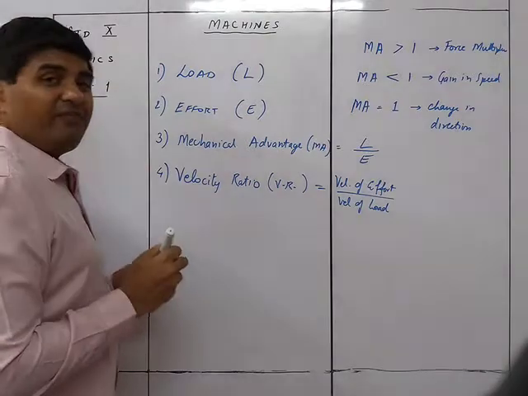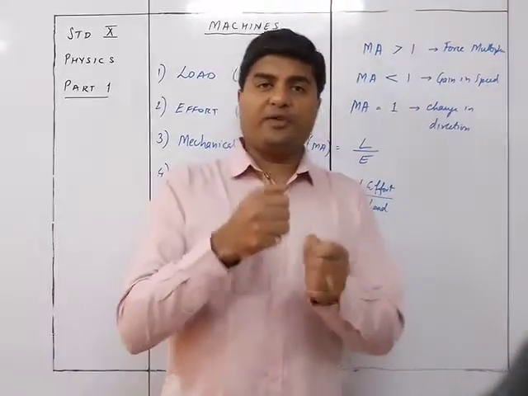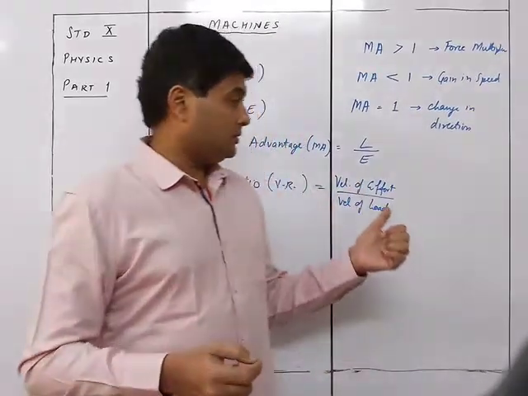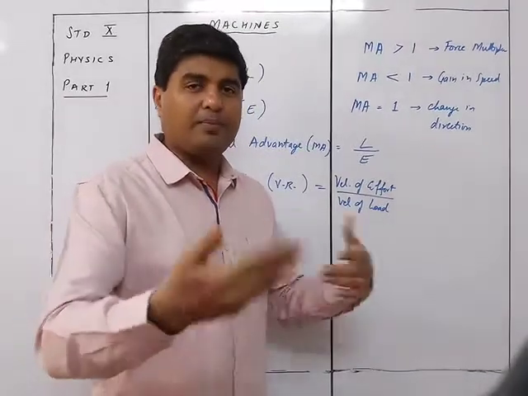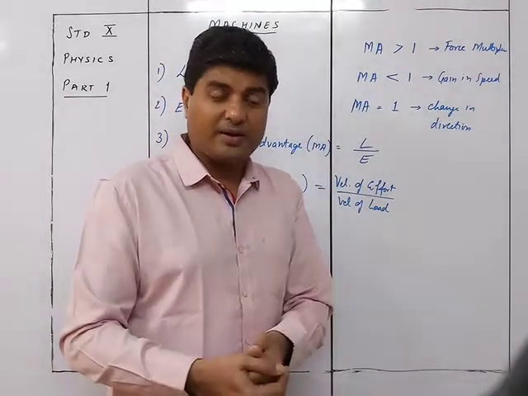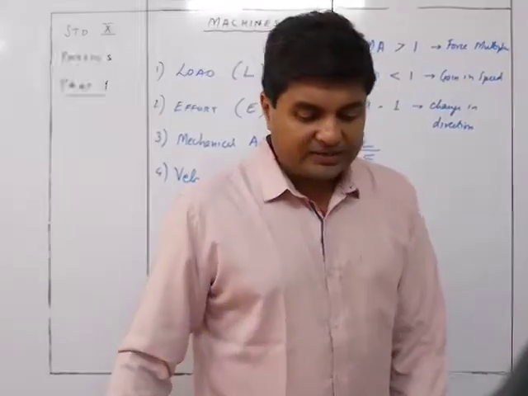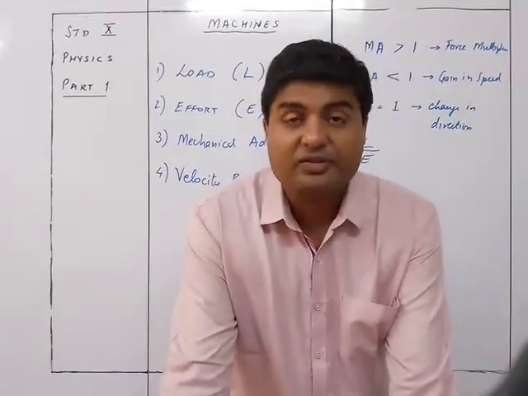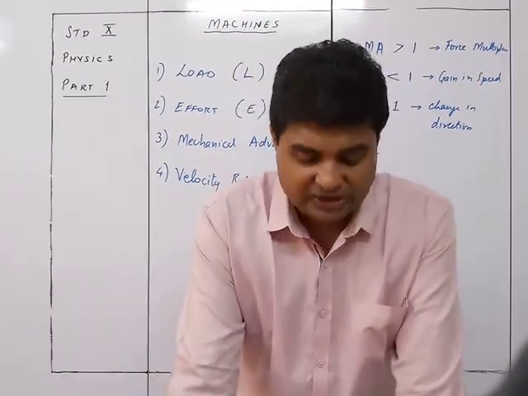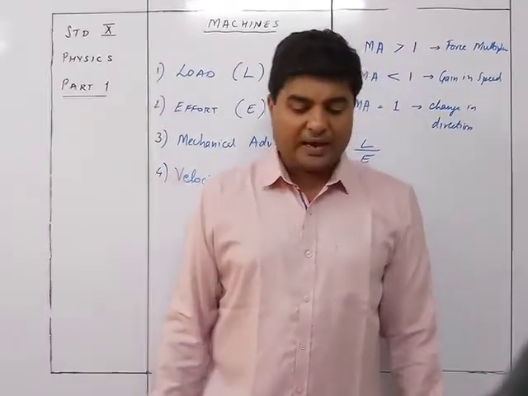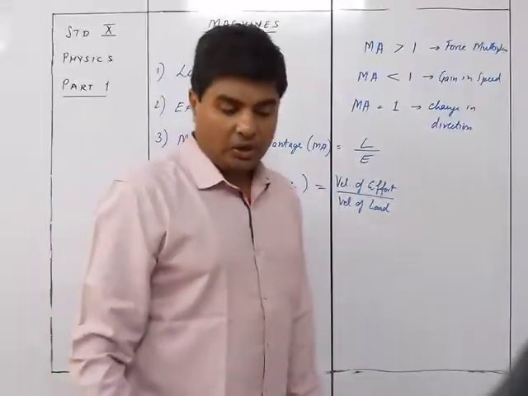So if I am doing some work, the velocity with which I need to give the effort is something, and because of my velocity of effort, my load is moving in a particular manner, so that is the velocity of the load. So the ratio of the velocity of the effort to the velocity of load is called the velocity ratio of the machine. That is, velocity ratio VR is velocity of the effort upon velocity of the load.